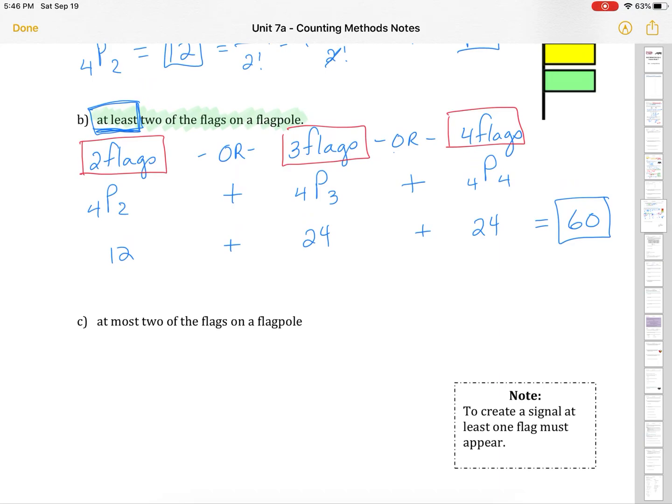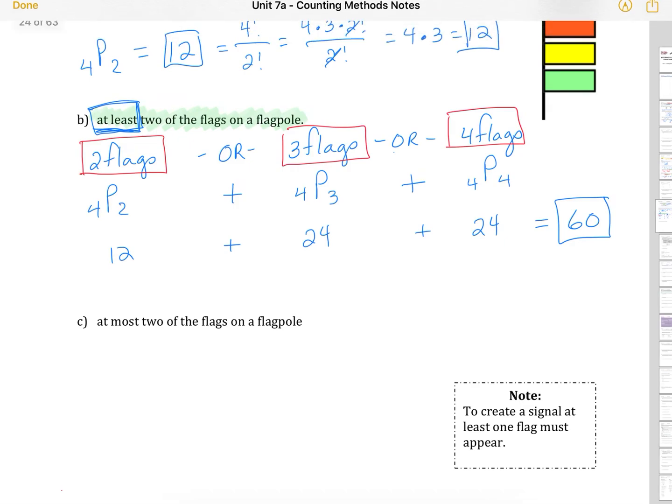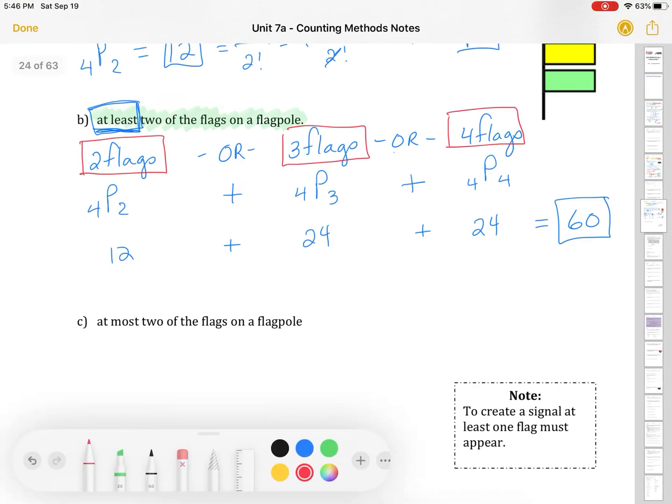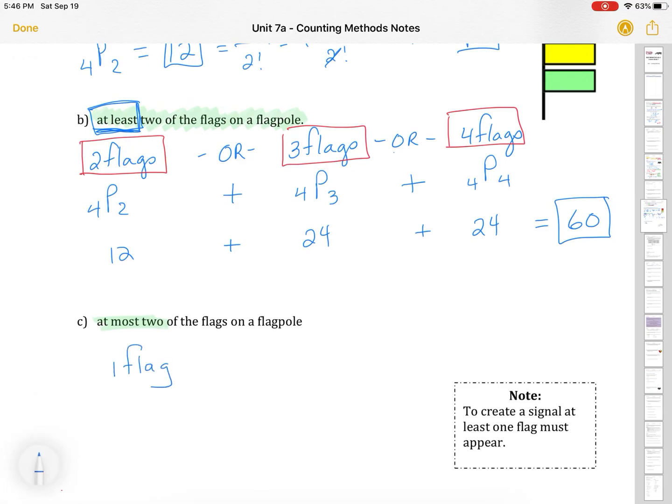Okay? Let's try another example. At most 2 of the flags on a flagpole. So that's a little different situation, right? So this is at most 2 of the flags on the flagpole. So at most might mean that it has 1 flag, or 2 flags.